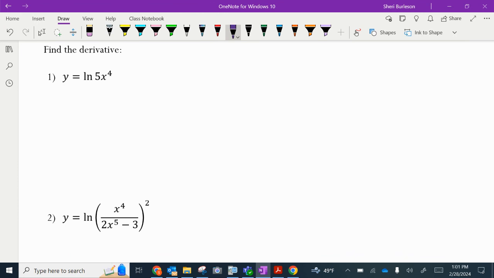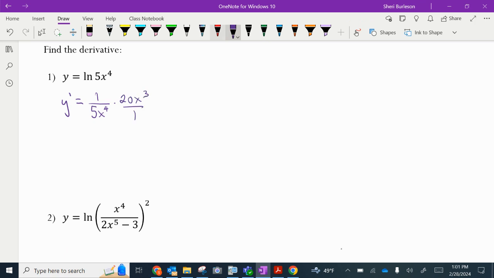So when I take the derivative, I am going to take the derivative of the outer function, natural log, which is 1 over 5x to the 4th. And then I'm going to multiply that by the derivative of the inner function. What is the derivative of the inner function? 20x cubed.